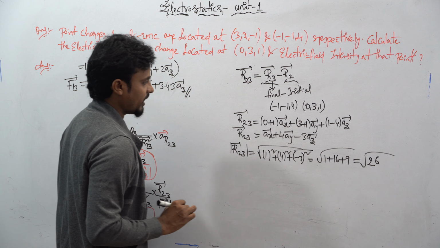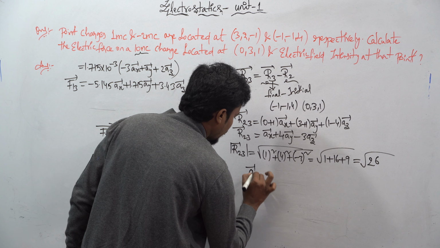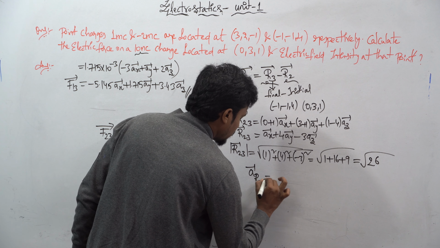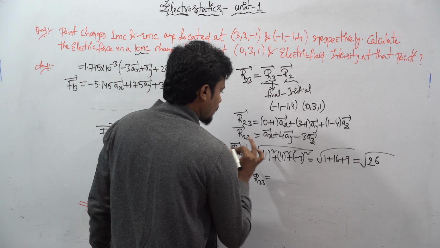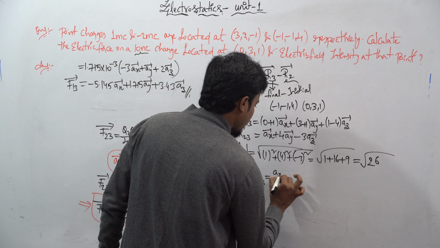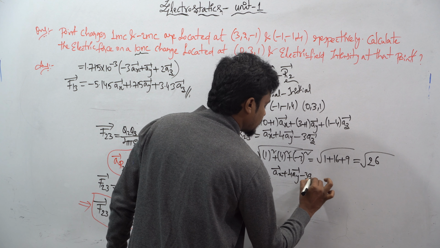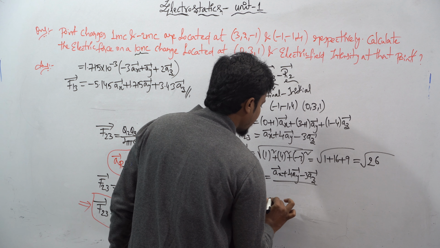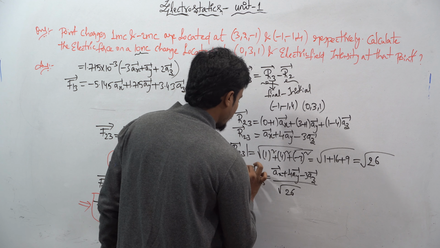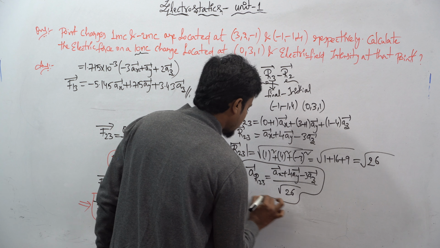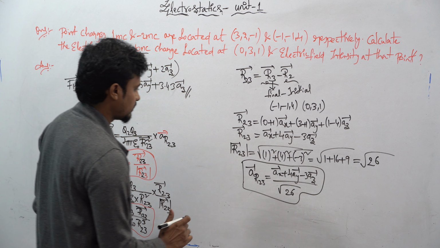So if you want to apply the unit vector, this be a bar r23, that be equal to ax bar plus 4 ay bar minus 3 az bar divided by square root of 26. What you have to do, you just have to substitute in this F23. What will happen?